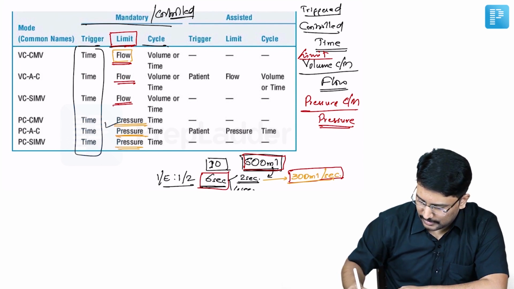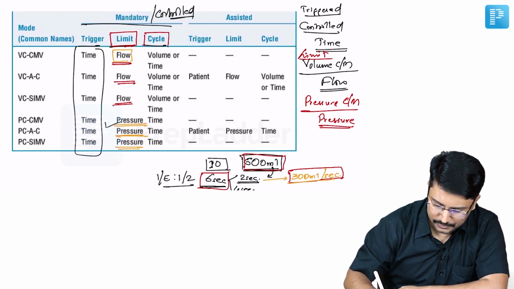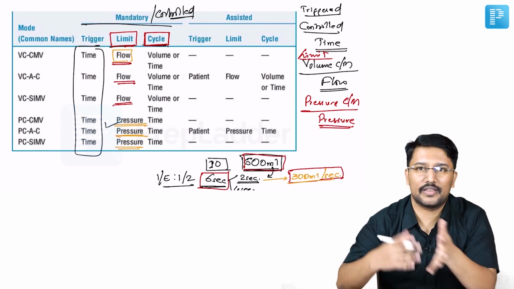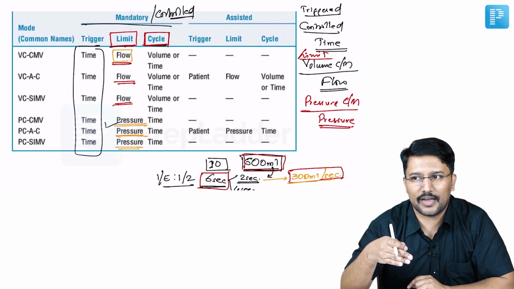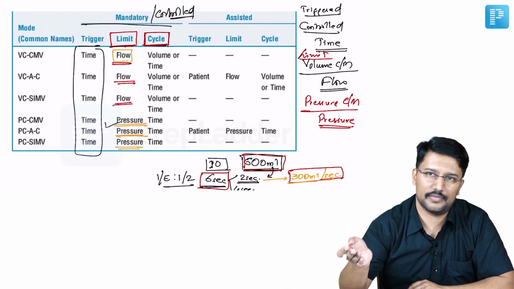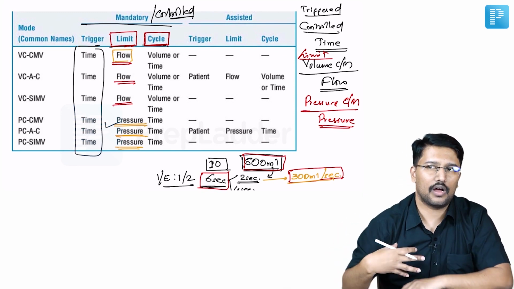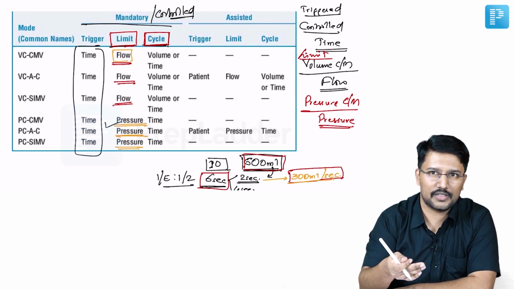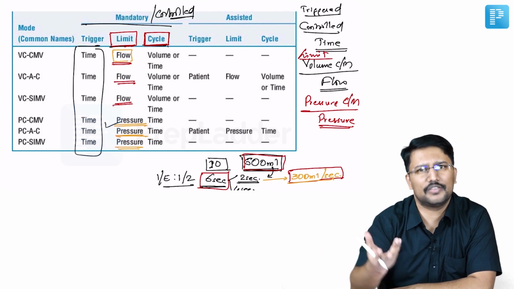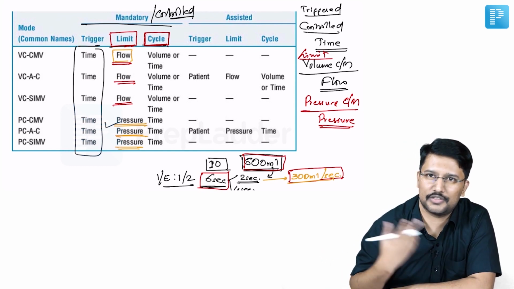That is clear. Now comes the question of what is cycle. Like trigger decides when the respiratory breath begins, cycle decides when inspiration ends and then the expiratory pause is permitted. So how does our ventilator come to know that this is the time to call off inspiration and allow expiration to happen? Expiration is always passive, whether it is a controlled mode of ventilation or patient driven.